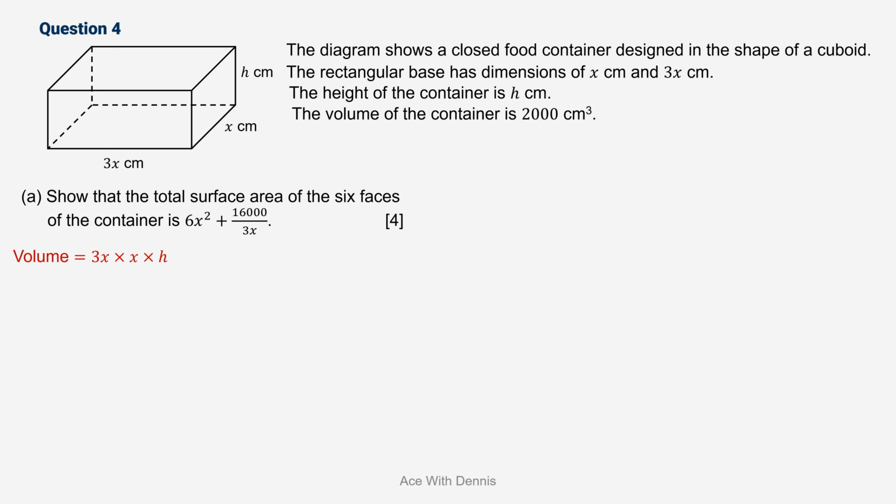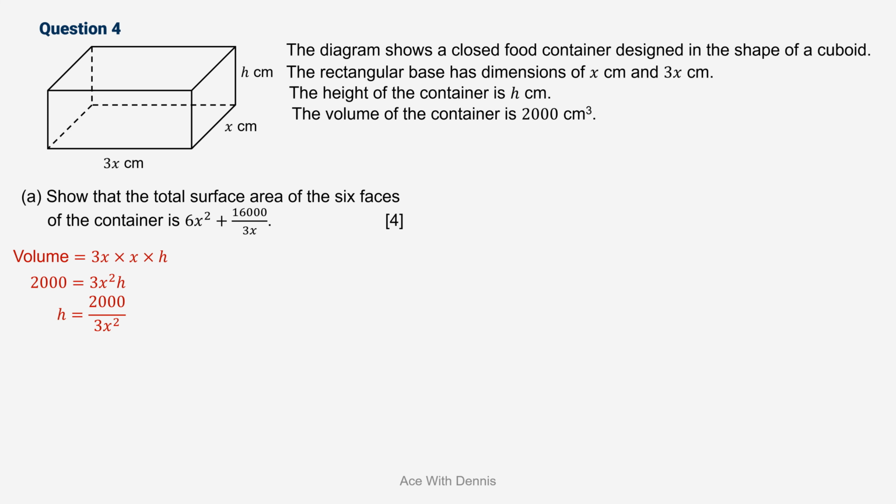Okay, so before we find the total surface area, we will start from the volume first. The volume for a cuboid will be 3x times x times h. Given the volume of this container is 2000, this equation will be 2000 equals 3x squared h.